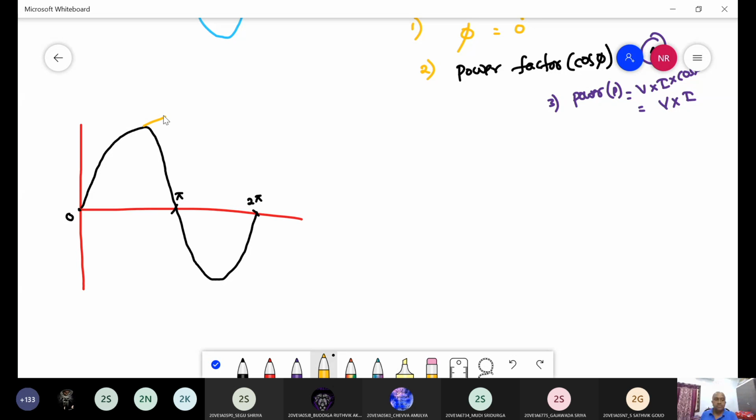Here the voltage is V is equal to Vm sine omega t.